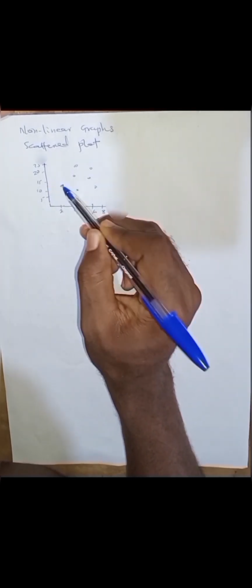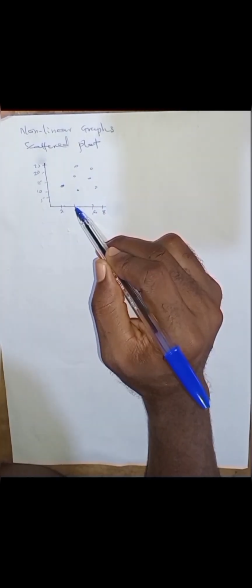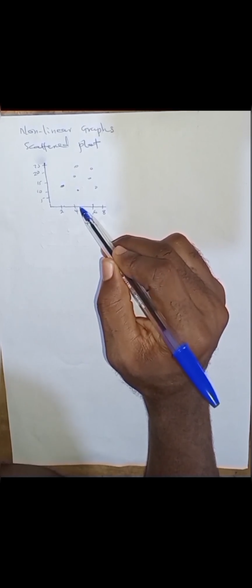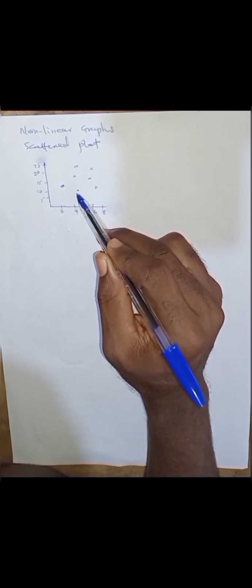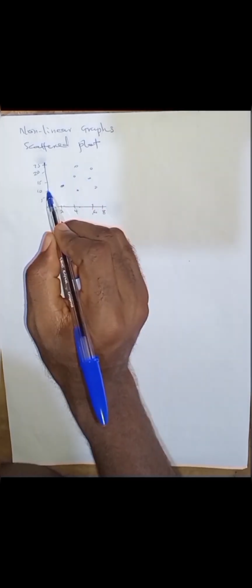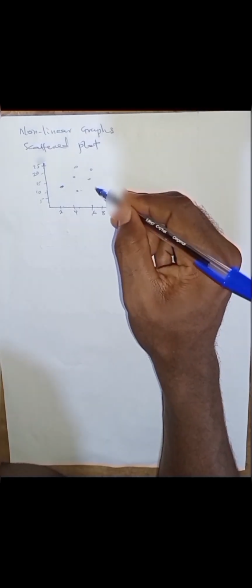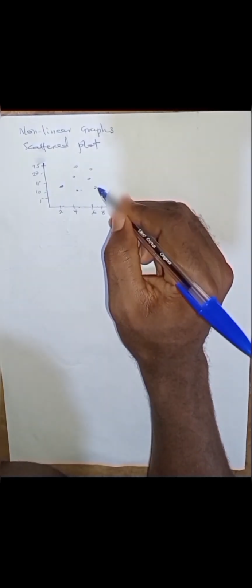We can have, let's say this point, 2.1 matching up to say 13. We plot it here. When we come here, we can have let's say 4.4 matching up to, let's say 11. You get it? And you can have this, let's say 7, matching up to, let's say 12.